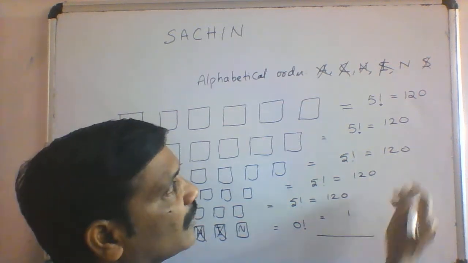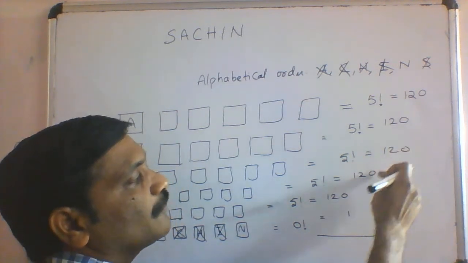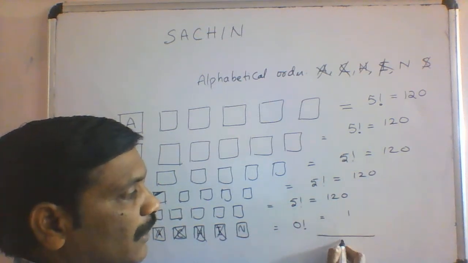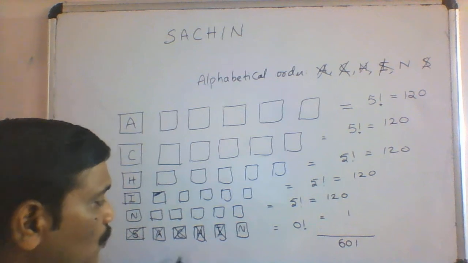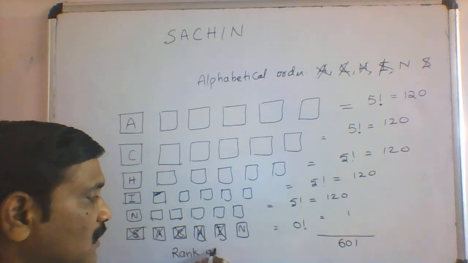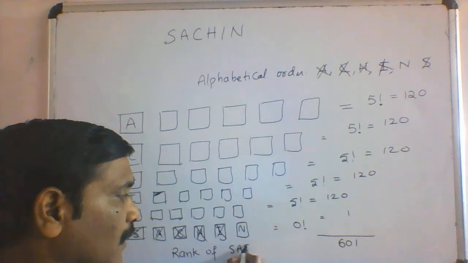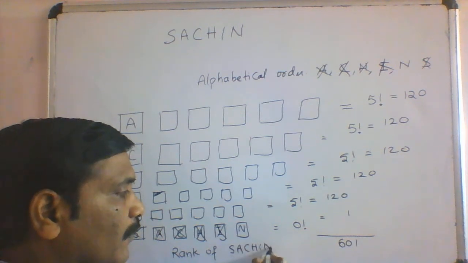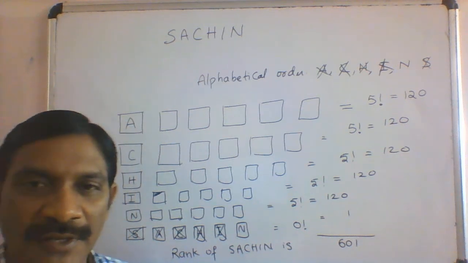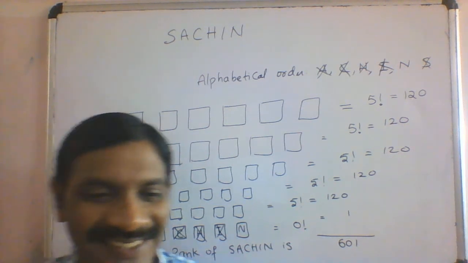Now count them. 1, 2, 3, 4, 5. 5 times 120 is 600. Plus 1 is 601. So I can say rank of Sachin is 601. I hope you understood, right?